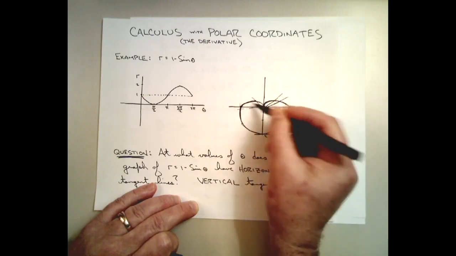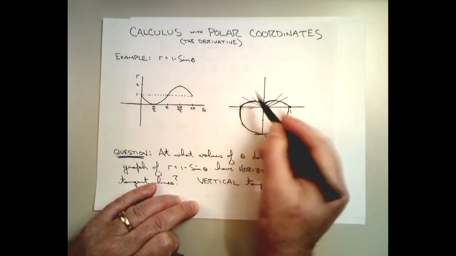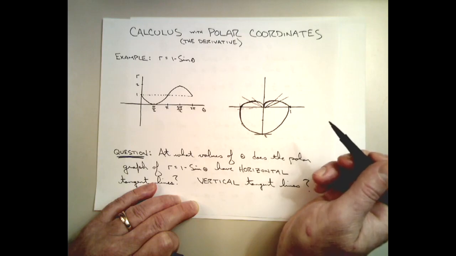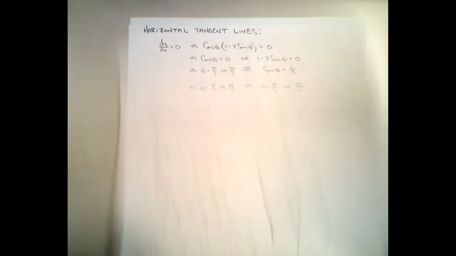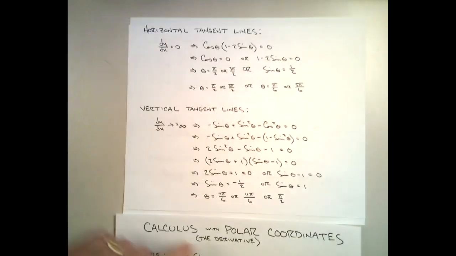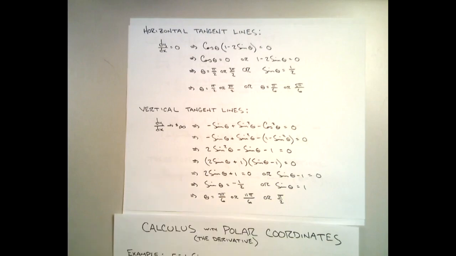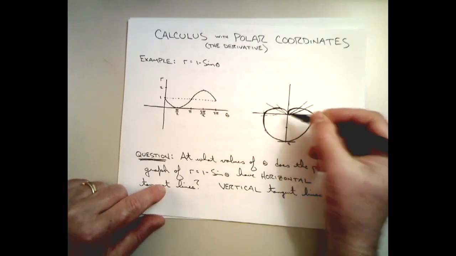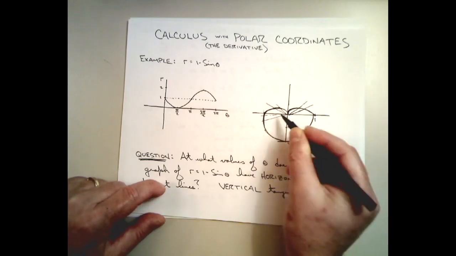And at 5 pi over 6, that's going to look about like this. So I'm going to have to refine it a little bit in order to make that the point where I have horizontal tangency. And let's look at the vertical tangency. Where did that happen? That happened at pi over 2, at 7 pi over 6, and at 11 pi over 6. Well, the pi over 2 we were pretty sure of, but the 7 pi over 6 lives around here.